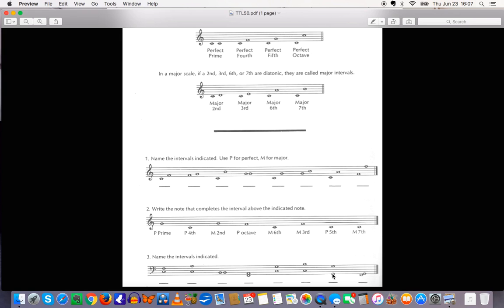That's an 8. G, A, B, C, D, E, F, G. Okay, let's see. Here's a fourth. 1, 2, 3, 4. That's going to be a perfect fourth. Here's a fifth. 1, 2, 3, 4, 5. 5 notes distance. Okay, so those are going to be the perfect ones, and you can fill in the rest.